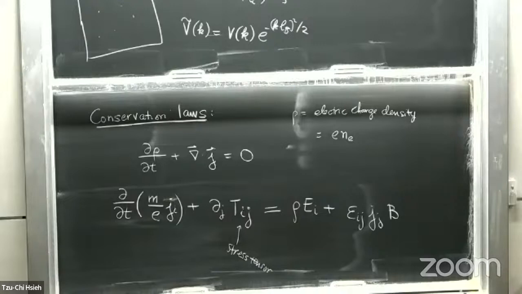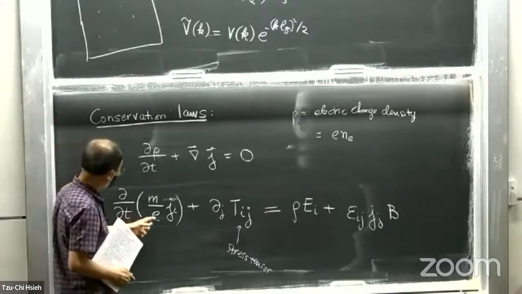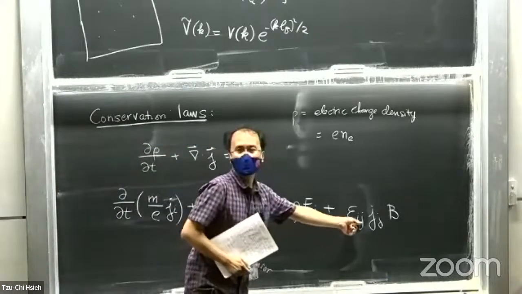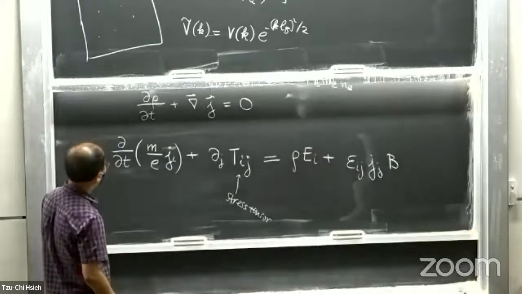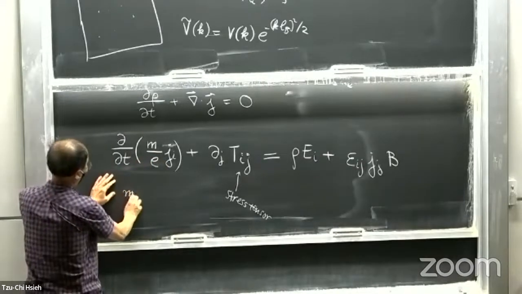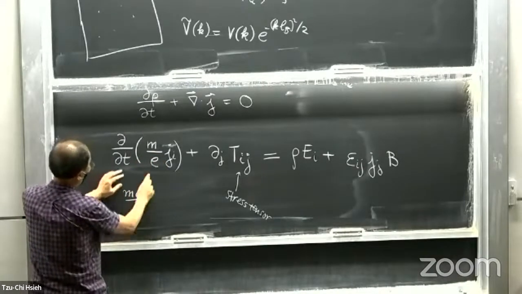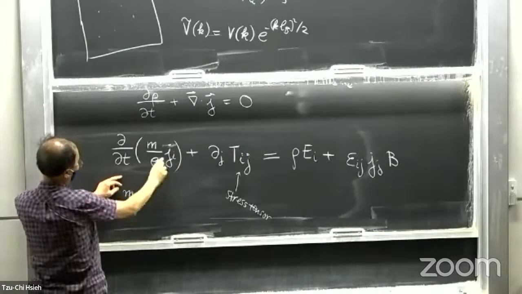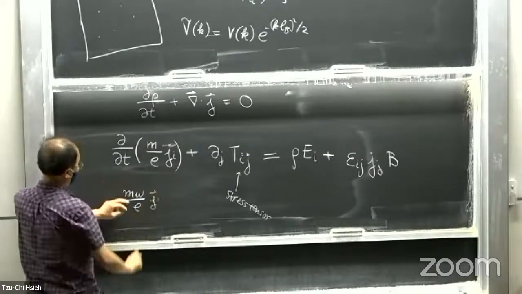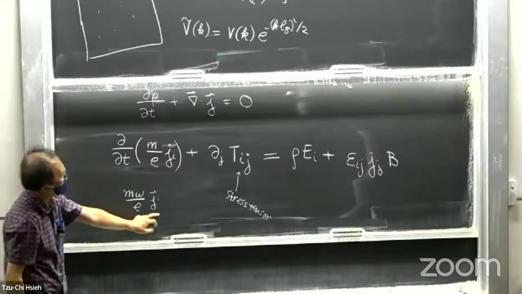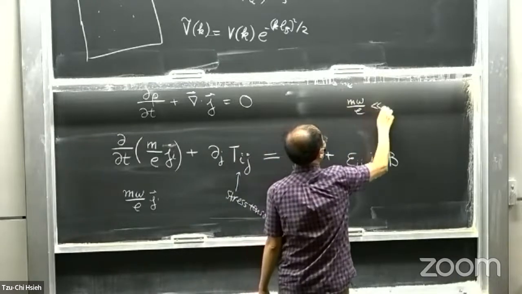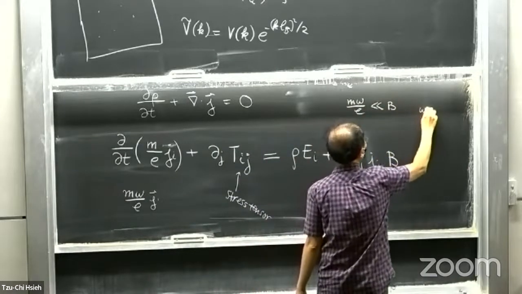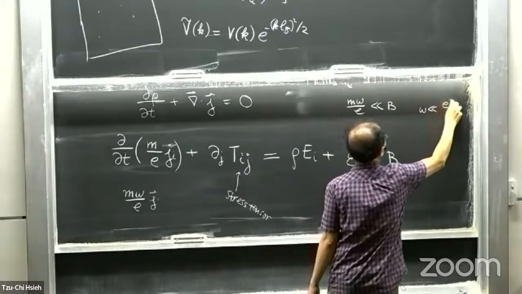Now, in the fractional quantum Hall effect, we are interested in the regime where I would claim that this term is negligible compared to this term. It can be dropped, and you can see that by estimating. This term has an order of magnitude of m omega over e, where omega is a typical frequency of the problem we are interested in. And we know that m omega over e is much less than B, because we are interested in frequencies much less than the cyclotron frequency.